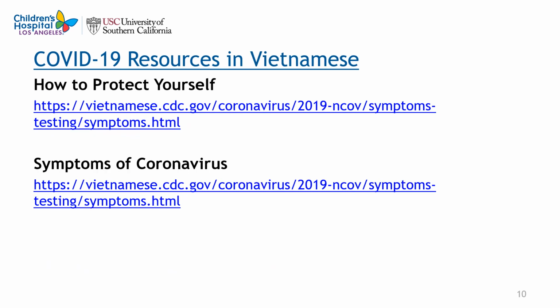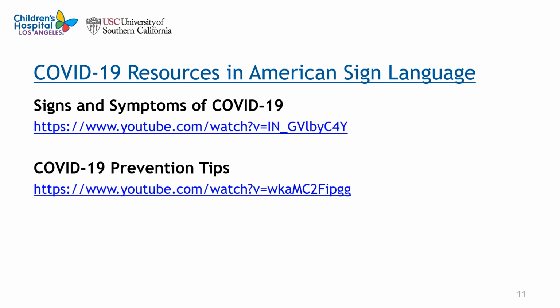COVID-19 resources in Vietnamese are available from the CDC, and they're specifically related to how to protect yourself and to symptoms of coronavirus. COVID-19 resources in American Sign Language cover sign and symptoms of COVID-19 and COVID-19 prevention tips, and both of those links are available on YouTube.